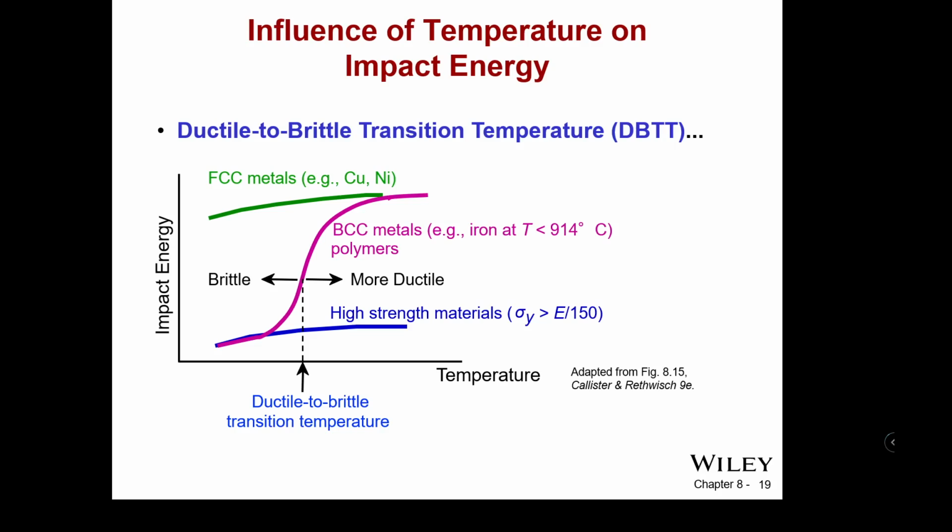The more ductile behavior, and polymers especially, are very, very high in terms of impact energy because they absorb energy as they stretch bonds like a rubber band. So if you hit a rubber band with a hammer, it behaves a lot differently than if you hit a very high strength alloy with a hammer, where it might not move significantly, or once you finally reach the impact energy, it's going to be shattered.